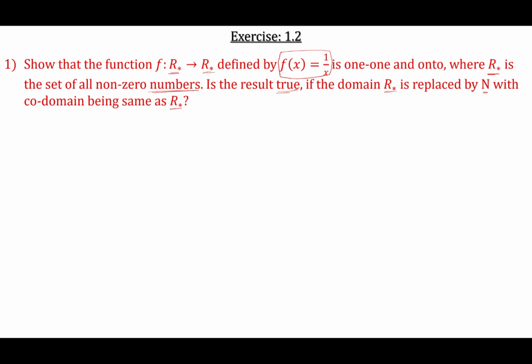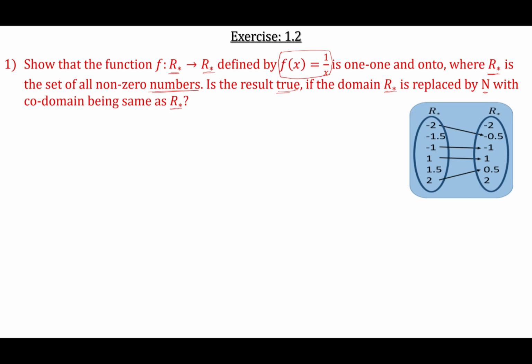Now here R star is defined as the set of all non-zero numbers, which means the real numbers except 0. If I plug in all real numbers in set A, for the values of x here, I get some value, which means the result in set B is also a real number except 0.